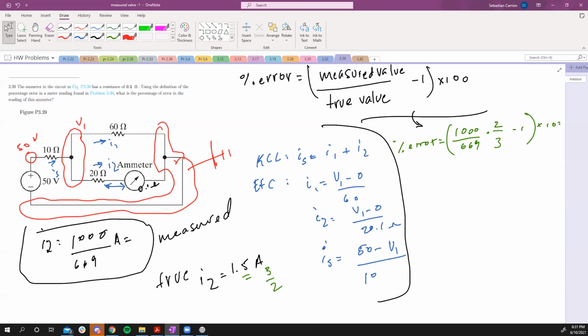So that would be negative 0. Yeah, times 100. So we would get percent error is negative 0.34878 if I round it off there.